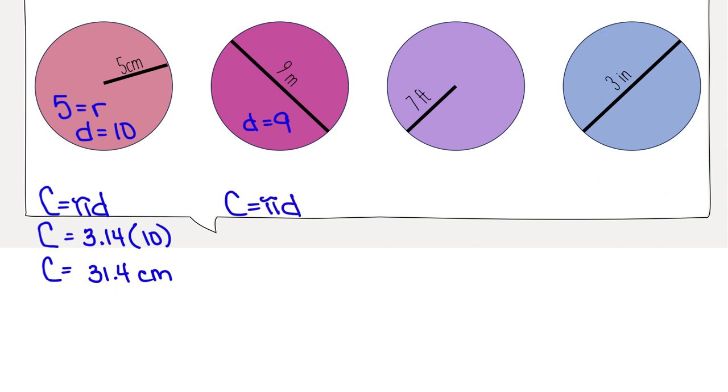It gave me the diameter, so I don't need to do anything to that 9. I need to leave it alone. What are we replacing the pi with? 3.14. D replaces with? Very good. We multiply 3.14 times 9.